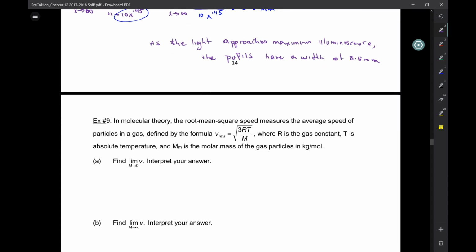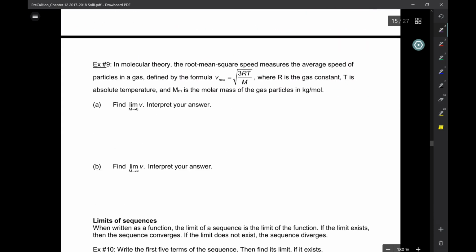Okay, here's some chemistry for you guys. In molecular theory, the root mean square speed measures the average speed of particles in a gas, right? You know the gas laws, right? Those of you who've taken chemistry, you know gas laws, and PV equals nRT, and as temperature increases, the velocity increases, and so on and so forth. So this formula, VRMS, root mean square, describes the average speed of the particles.